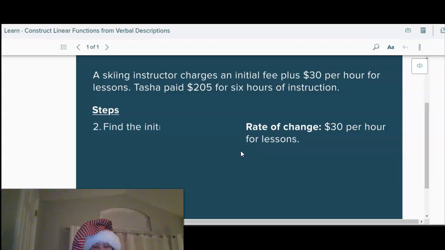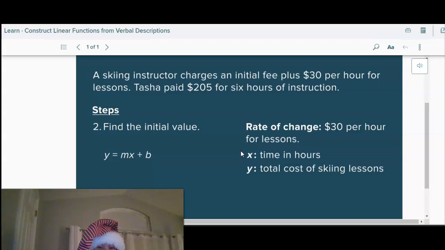Next, find the initial value. In this case, the initial value is the initial fee for skiing lessons. It is not given in the problem. Because the rate of change is constant, the relationship in the problem can be modeled with a linear function. X represents the time in hours, and Y represents the total cost of skiing lessons.